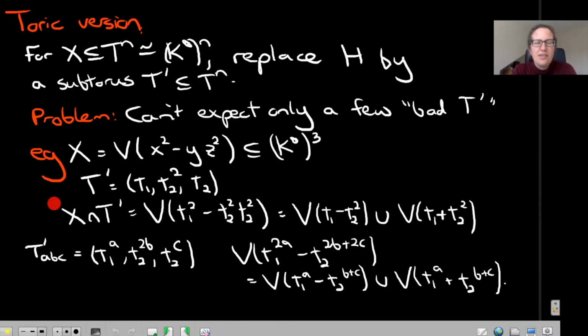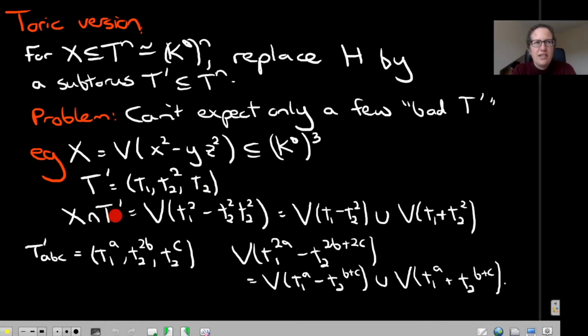And this example is meant to be an elementary example to explain this. So we'll start with the hypersurface x^2 - y z^2 in a three-dimensional torus. Okay? And you can see from the y that this is irreducible. This actually is itself a subtorus, but we won't worry about that for now. I'm going to intersect with the two-dimensional subtorus (t1, t2^2, t2).